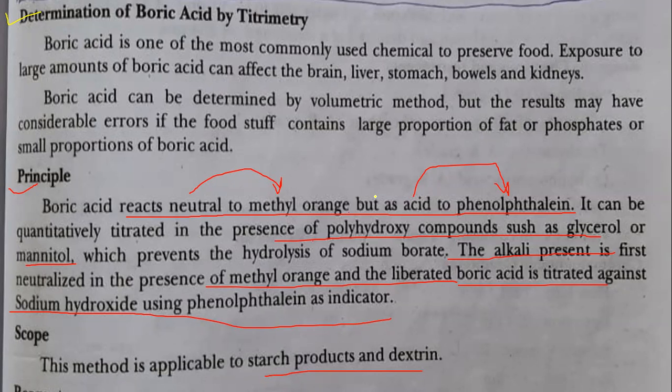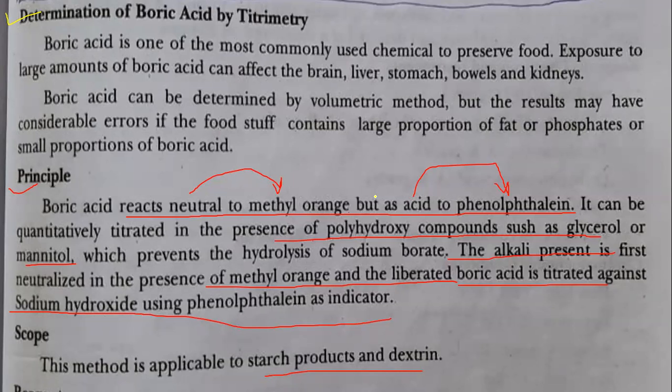So remember, we are doing the analysis of boric acid by titrimetry and sodium benzoate by HPLC. Boric acid reacts neutral to methyl orange, but as an acid with phenolphthalein. Neutral with methyl orange means their pH is almost the same.